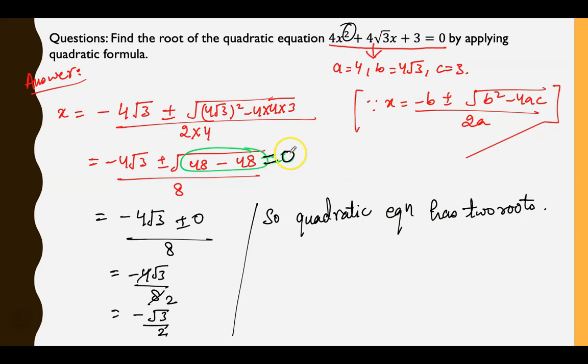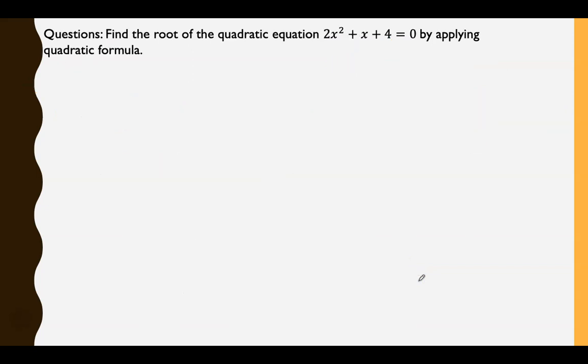How do I come to know that it has equal roots? Because I can only give you this answer in your exercise 4.4, as this is a question based on 4.3 only. So you can simply say that it has two roots. Therefore x is equal to minus root 3 by 2 and minus root 3 by 2, and that was your answer. Moving towards next.